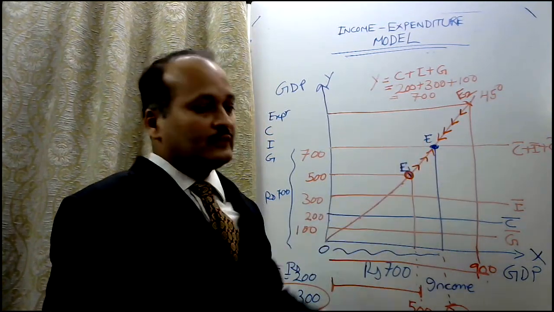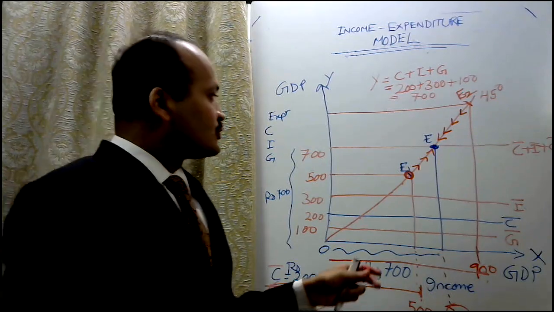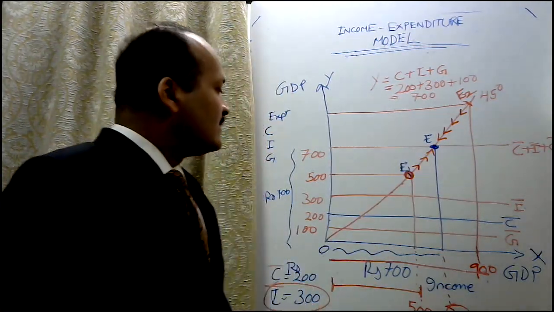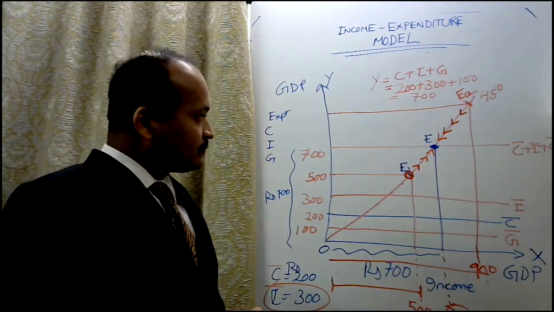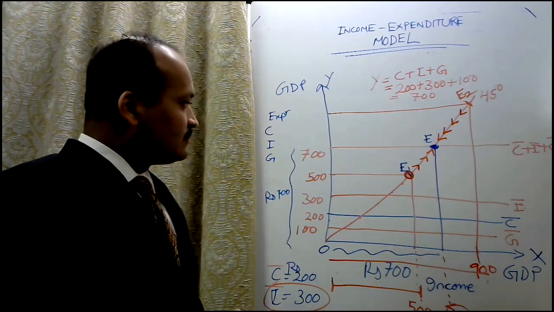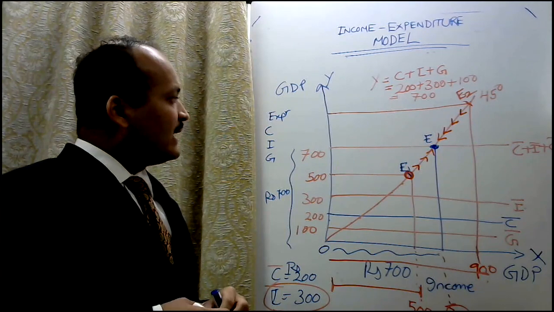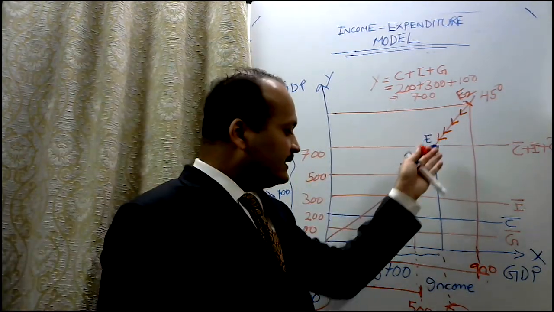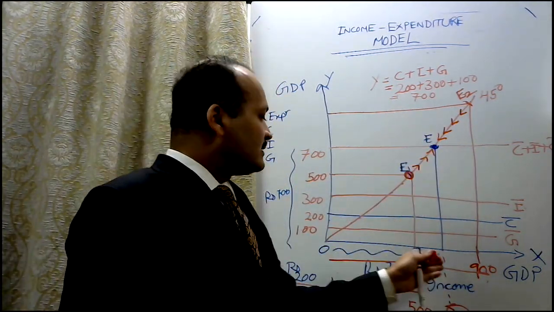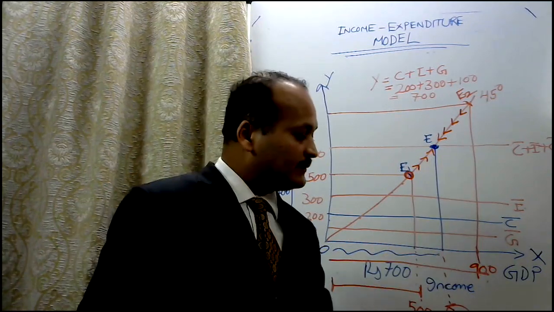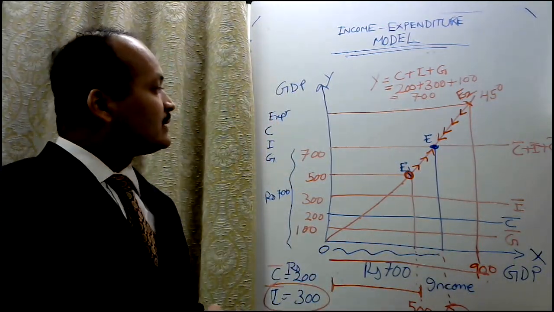And just to reinforce what is meant by equilibrium in this context: at point E, corresponding to 700 rupees worth of GDP, the economic activities are repeating themselves.